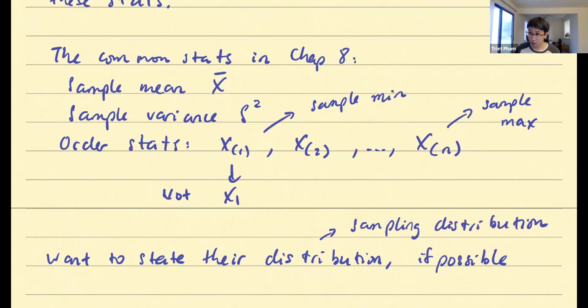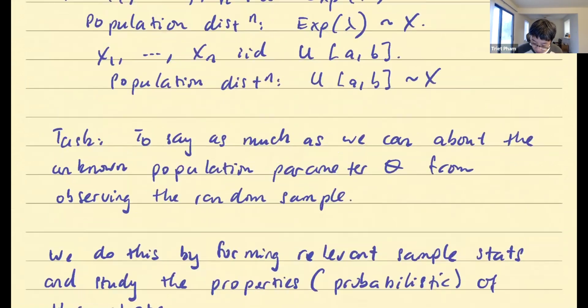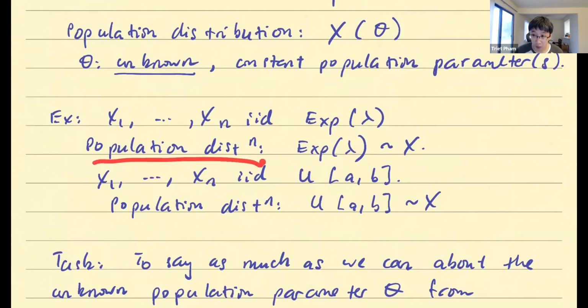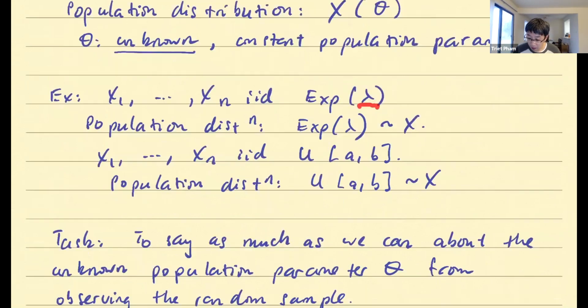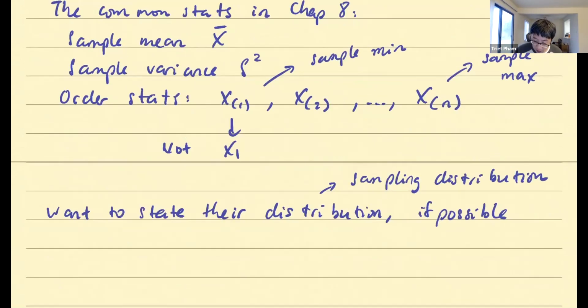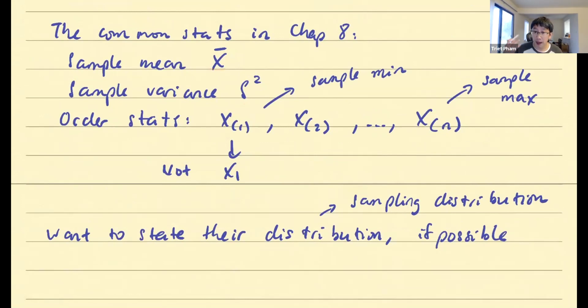So in other words, to make the discussion short, basically we have the so-called population distribution, namely the model where you think your sample comes from. There's an unknown parameter, okay? Then you form sample statistics to say something intelligent about these unknown parameters.